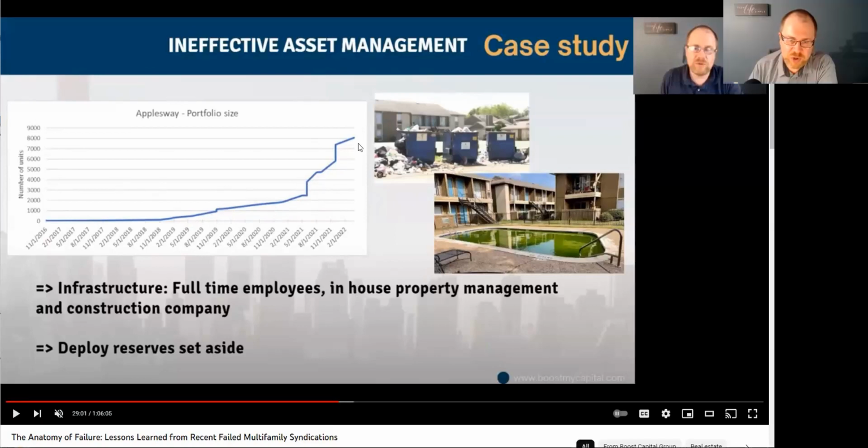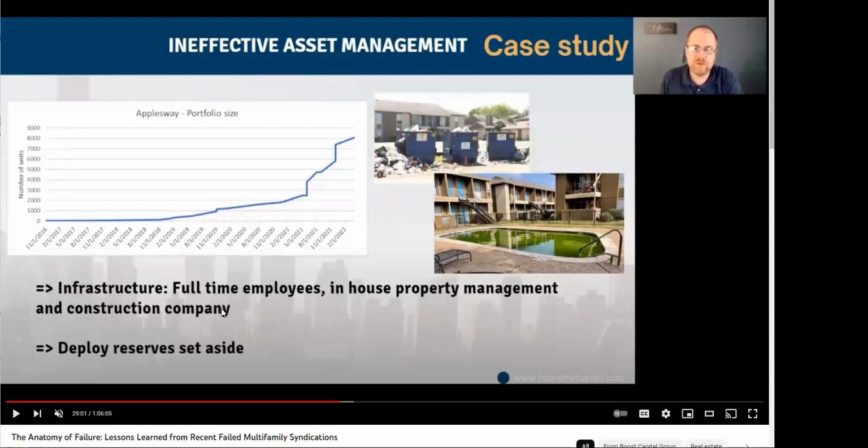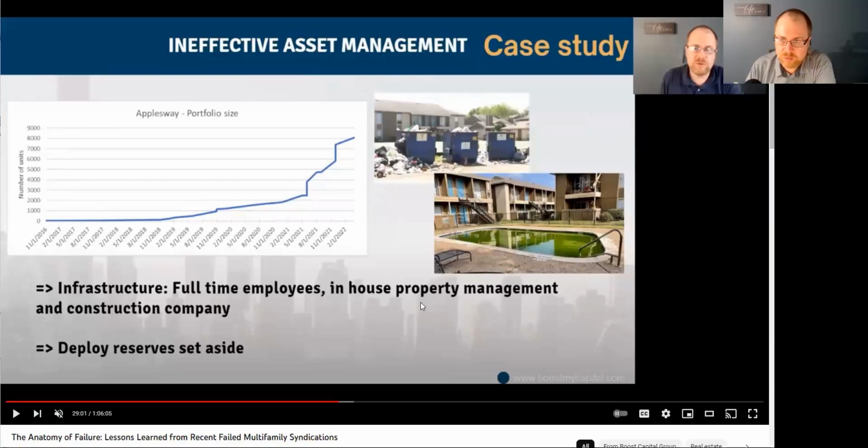Even if you have professional property management, like Milton mentioned earlier, you still need to spend time with the asset as an asset manager with the property manager. And one of the things that we ourselves are looking for these days with JEP is fully integrated sponsors who have significantly sized teams, but also in-house property management and construction as well.